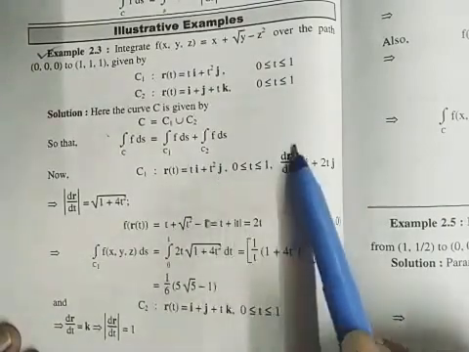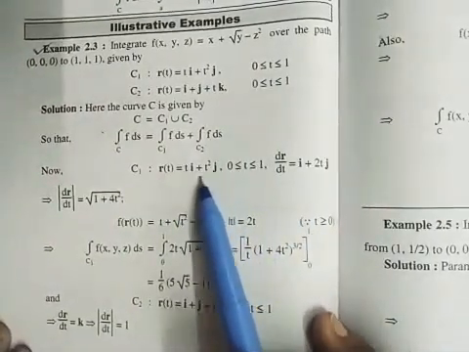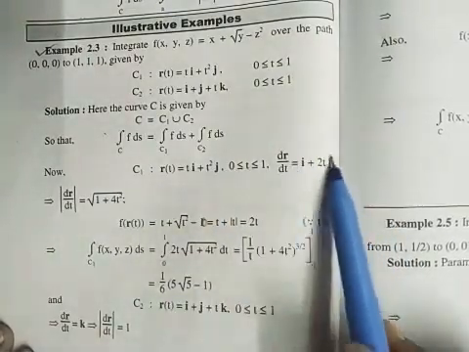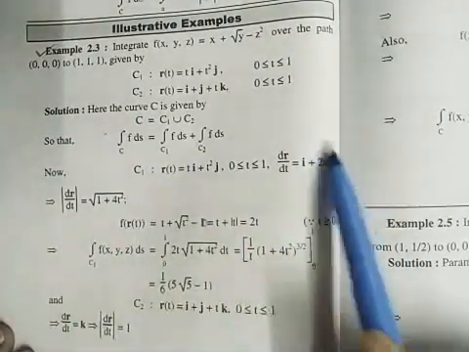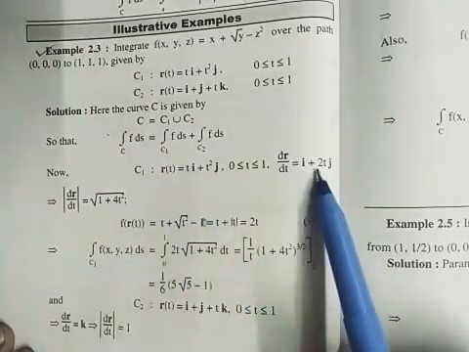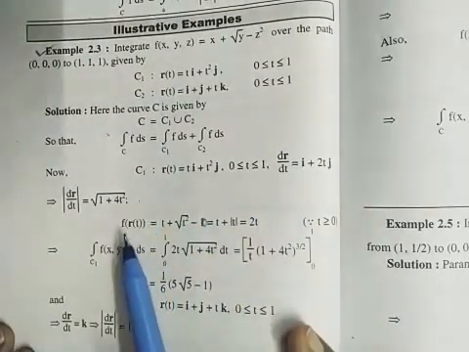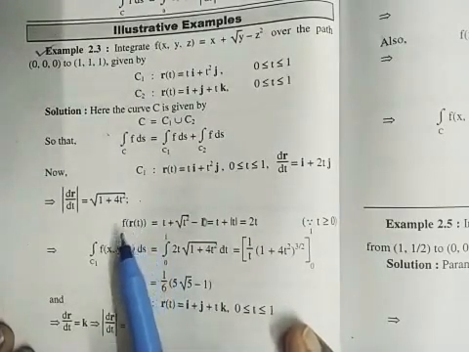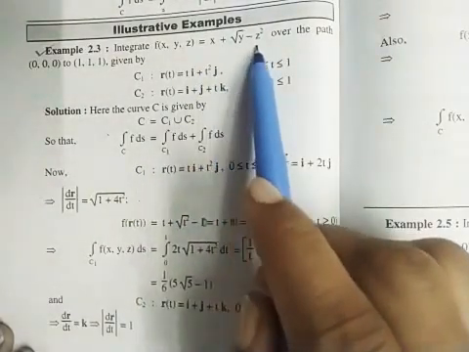From this, what will be dr by dt? Its derivative with respect to t will be i plus 2t j. Therefore its modulus, that is its length, will be the square root of 1 plus 4t square. And what will be f of r(t)? Now what is f of x, y, z? x plus root y minus z square.